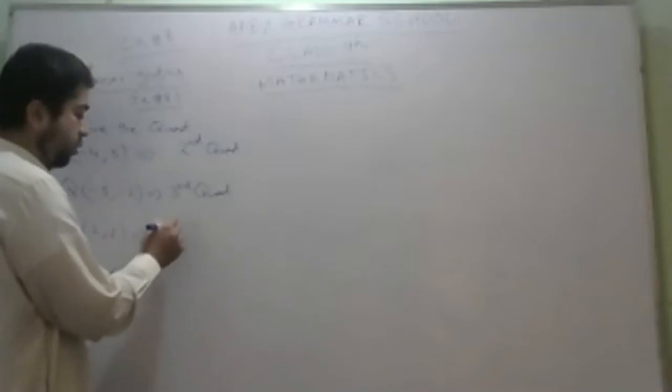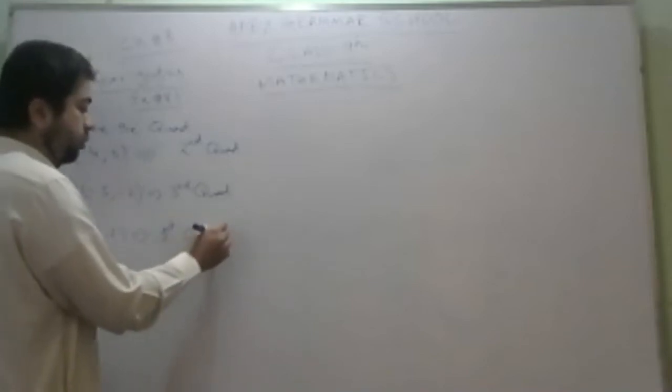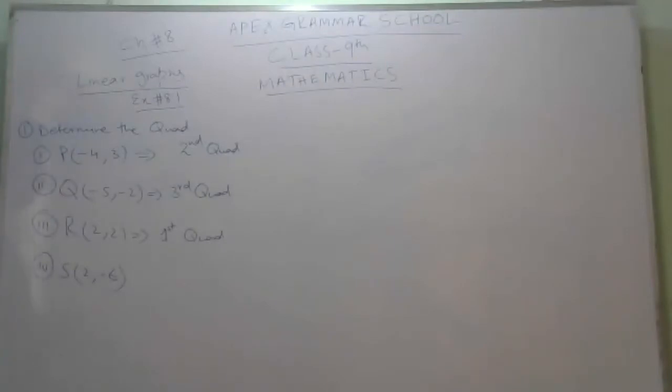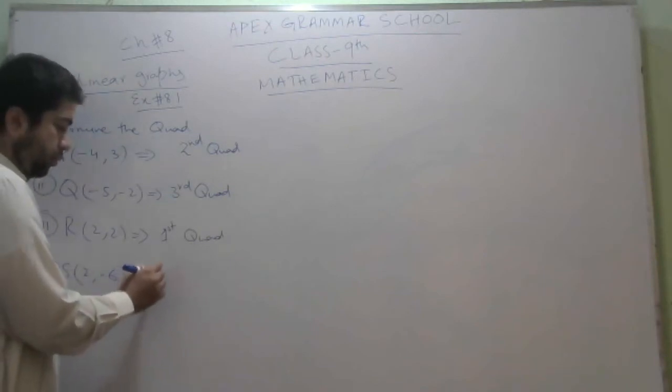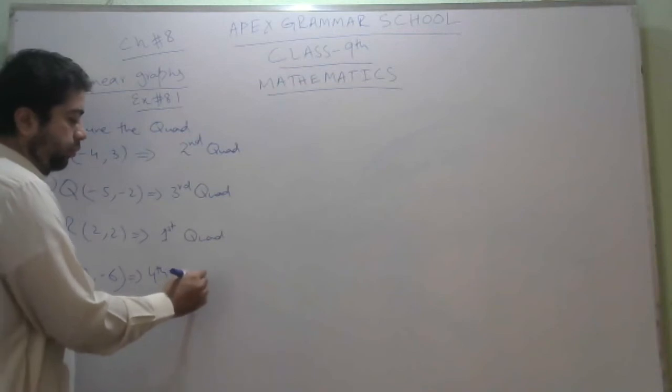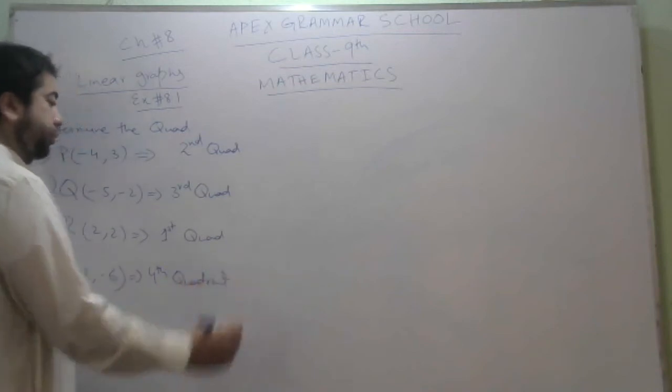Meaning both values are positive, so it lies within only the first quadrant. And the last, x is positive but y is negative. That is only for the fourth quadrant. This was your question number 1.